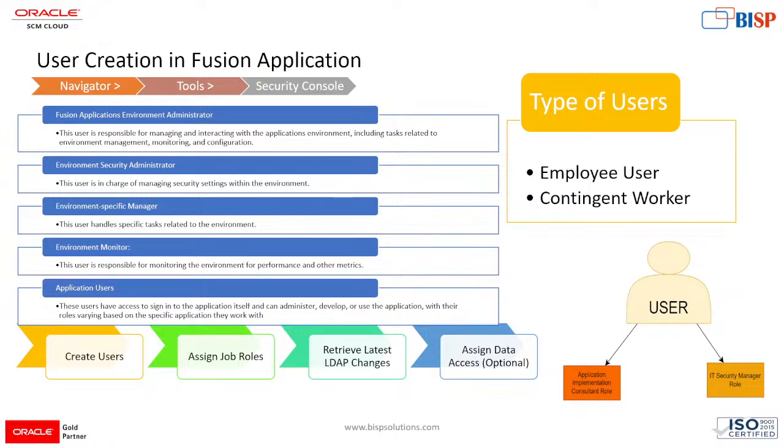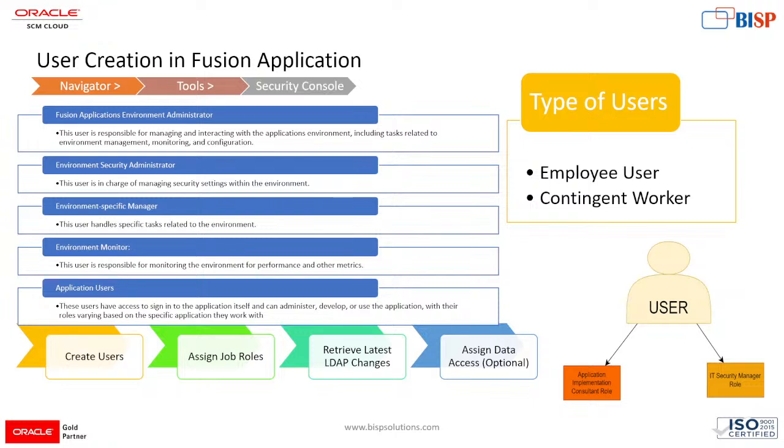This can be done through the Manage Users task in the Functional Setup Manager, or the Create User page. If you are using Oracle Fusion Cloud Human Capital, you can also utilize the Hire an Employee page for this purpose.